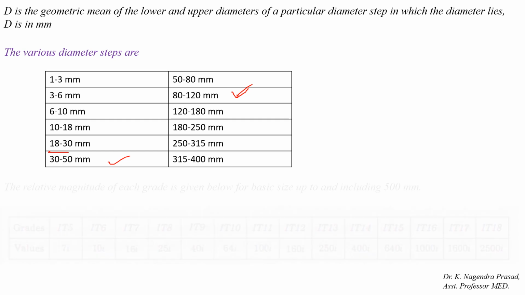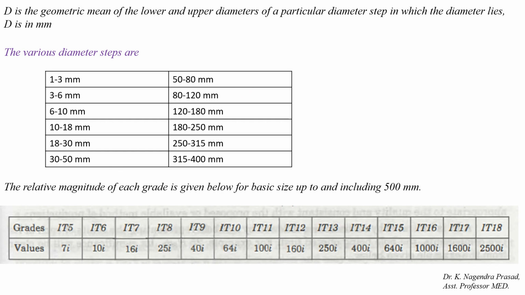So next we have to look at the relative magnitude of each grade, given below for basic sizes up to and including 500 mm.